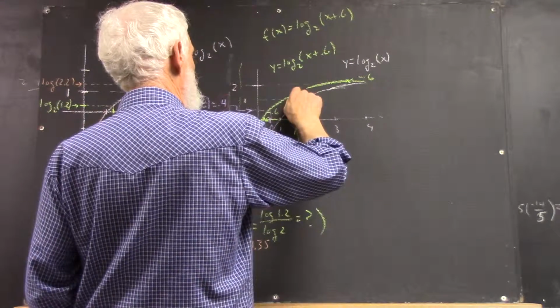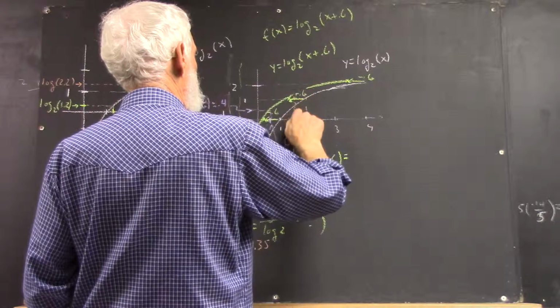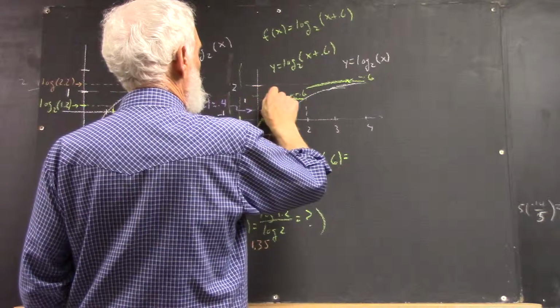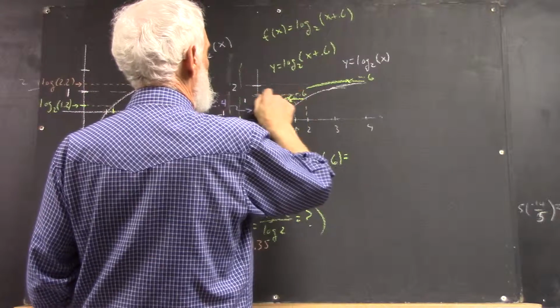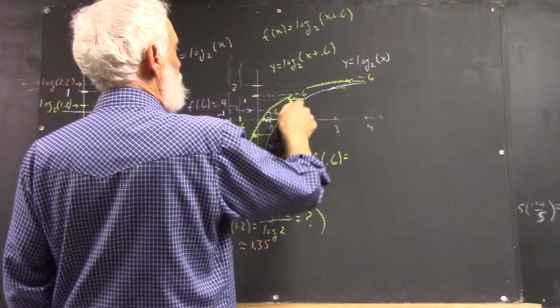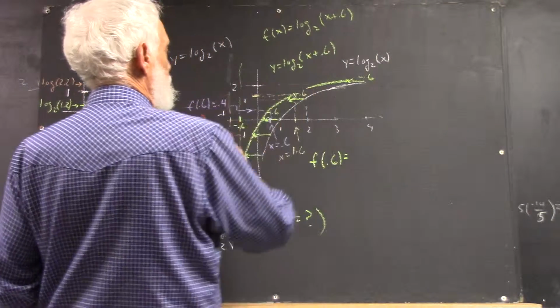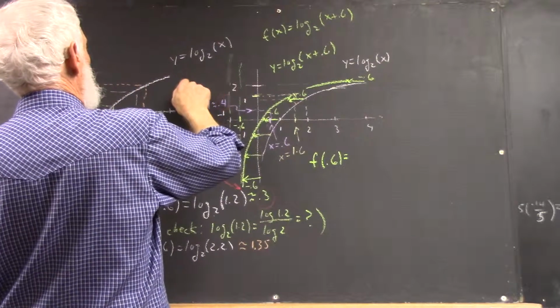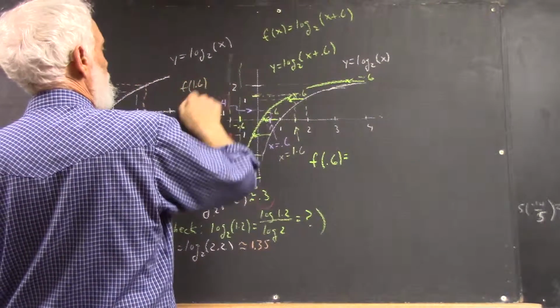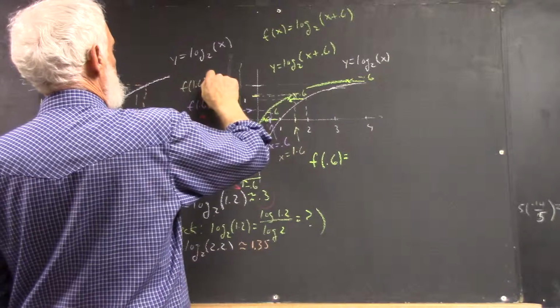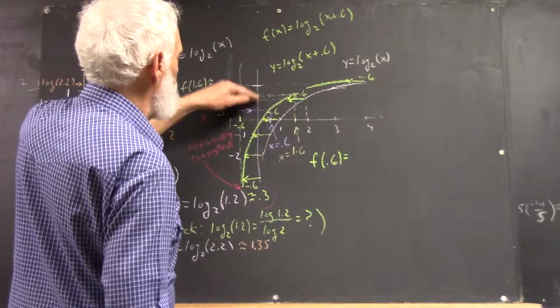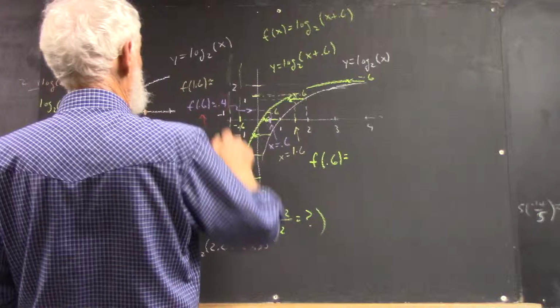And I use the green graph, and I see that f of 1.6 is approximately what? It's between 1 and 2. It looks like pretty much 1.3.